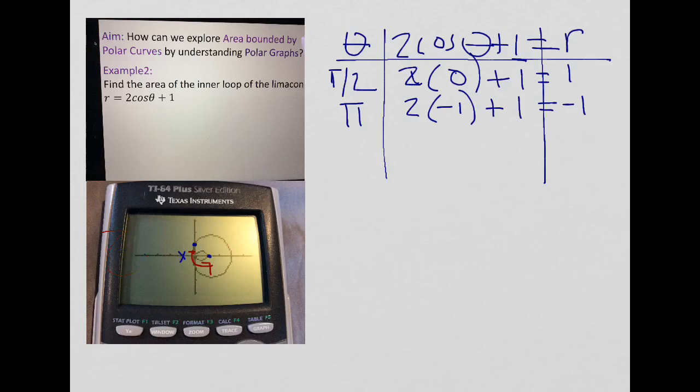Okay, so we're getting somewhere. Our region that we need to find the area of is somewhere between pi over 2 and pi. So we look to have reference angles of pi over 3, pi over 6, and pi over 4. Let's talk about being in quadrant 2.